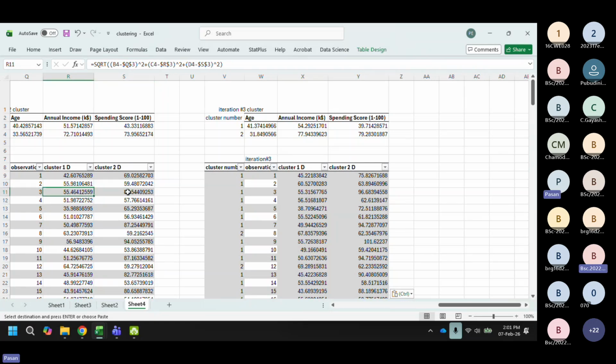Output. This I just copy and paste. Once I put the dollar sign here, it is easy. So then I have the identifying of the cluster.